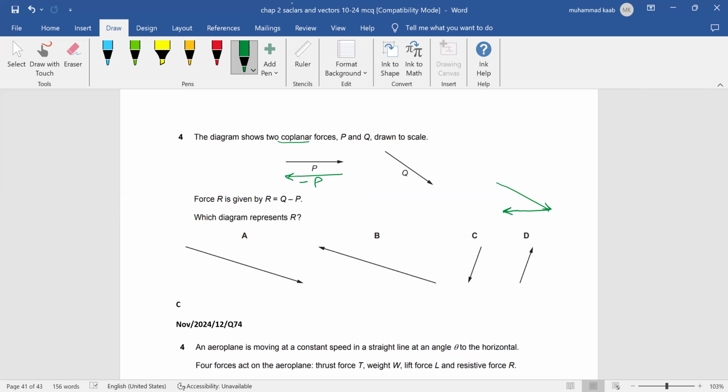They're of the same size or approximately the same size, okay? So like this, okay? Right, so Q is in this direction and P is in this direction. So resultant would be from this to this direction, not the upward, okay? This, okay? Clear?